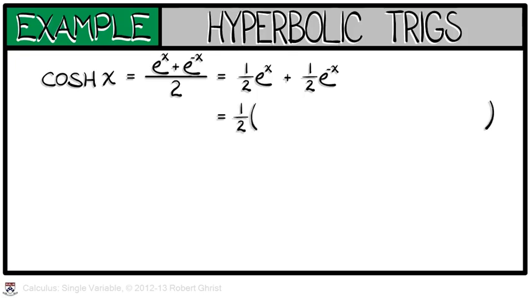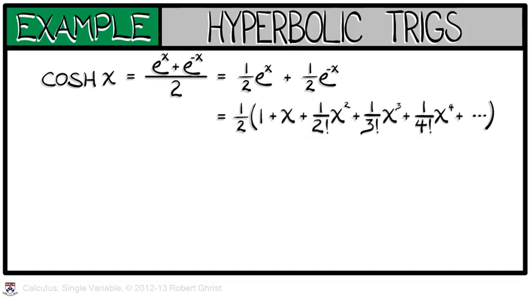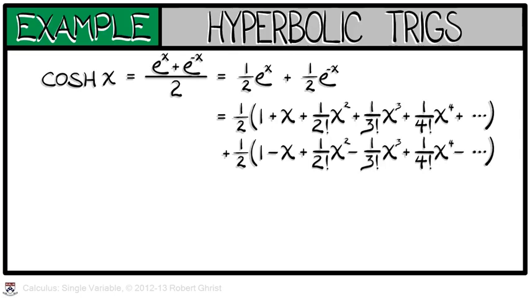Instead of trying to take derivatives, we'll simply substitute in the known series for e to the x, multiply by 1/2, and then add to it 1/2 times the series for e to the minus x, which, of course, is the Taylor series for e to the x with minus x substituted in, leaving negative signs at the odd powers of x.